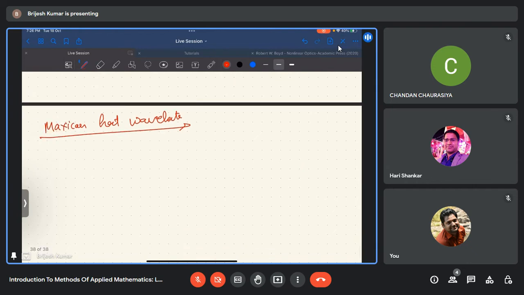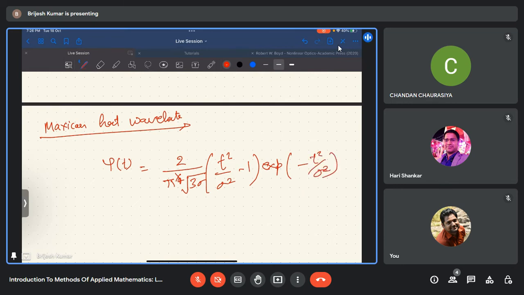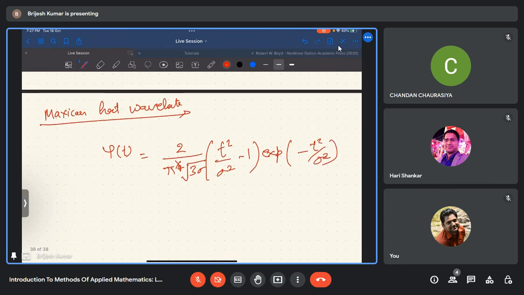So this Mexican hat wavelet is defined as psi(t) equal to 2 upon pi to the power 1/4 root 3 sigma, times (t square upon sigma square minus 1), times exponential of minus t square upon sigma square.